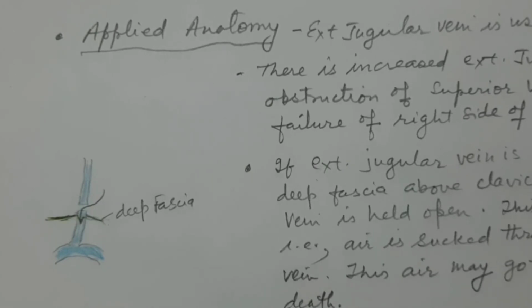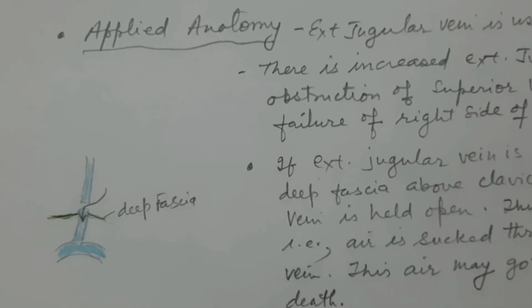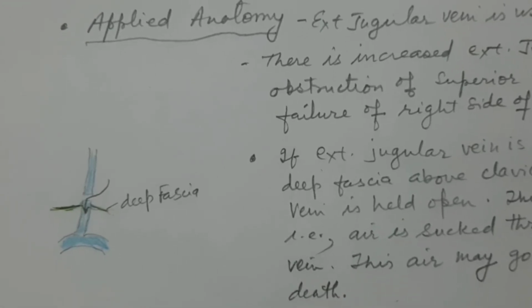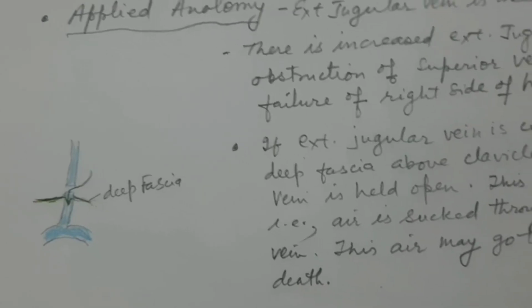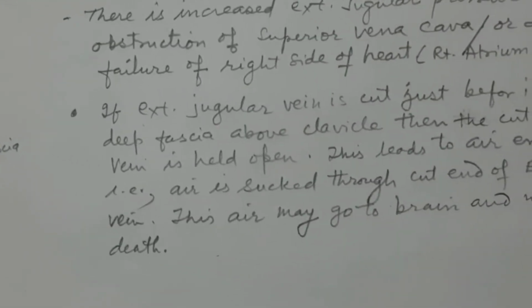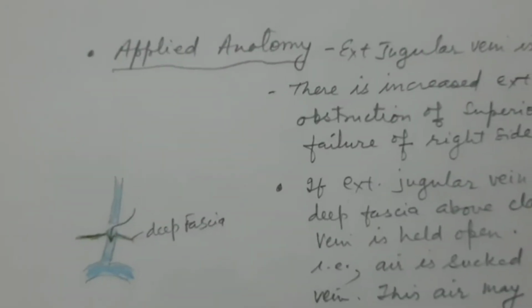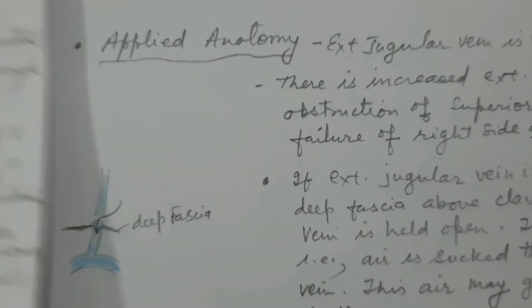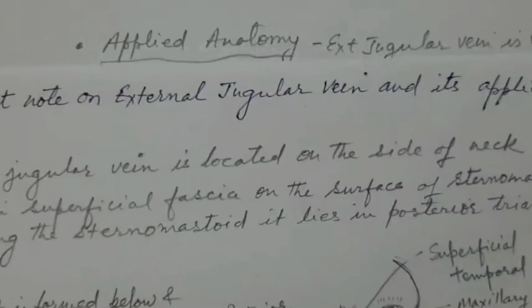This will lead to the death of the tissue where the air embolism is there. And if a large amount of air embolism takes place in the brain, then that may cause death also. So this was the applied importance of the external jugular vein.